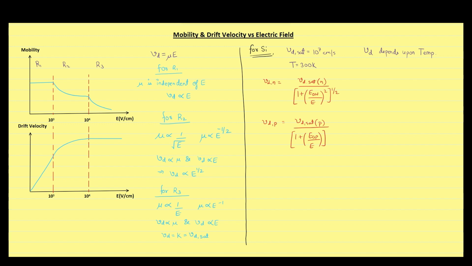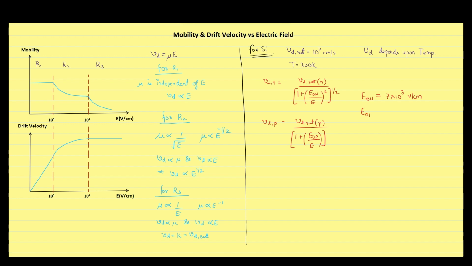Here EON and EOP are the values of electric field where the electrons and holes for the silicon semiconductor can be assumed to have achieved the state of saturation, and the value of EON, which was found experimentally, is approximately equal to 7 into 10 raised to the power 3 volt per centimeter.